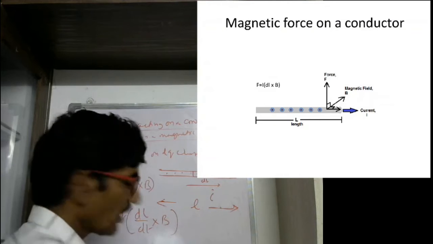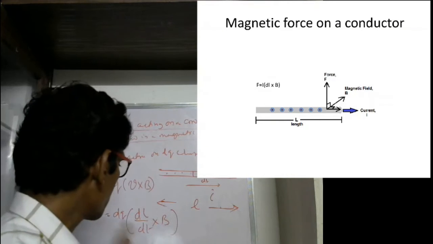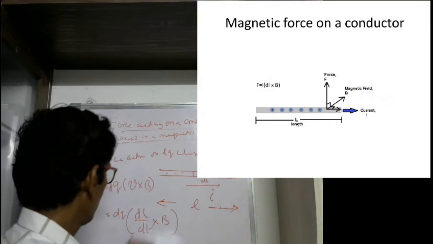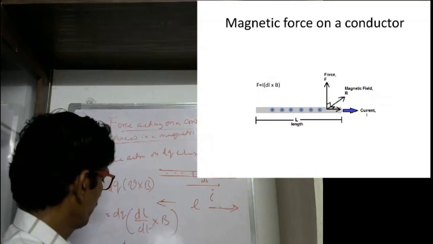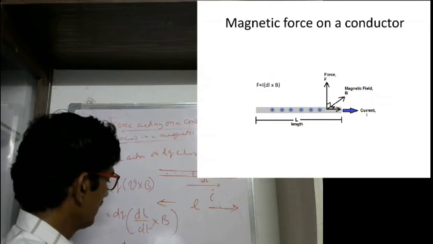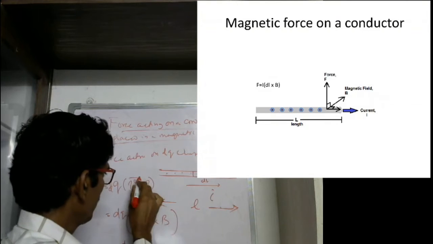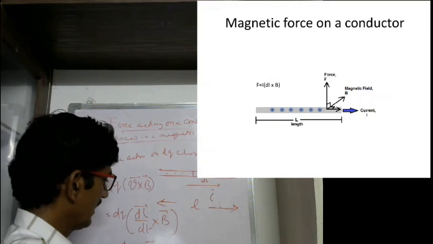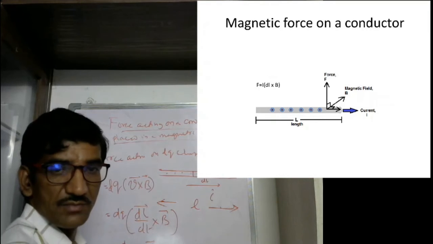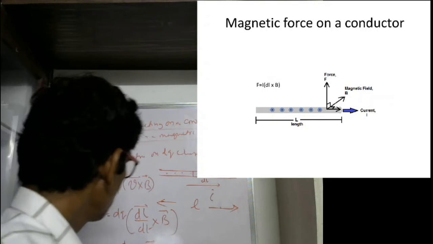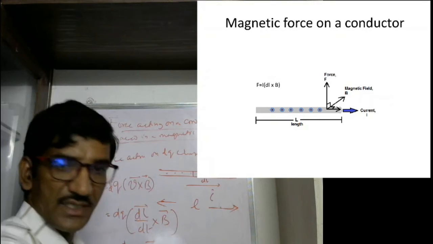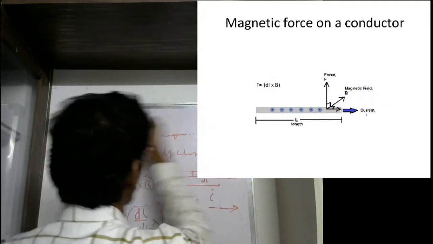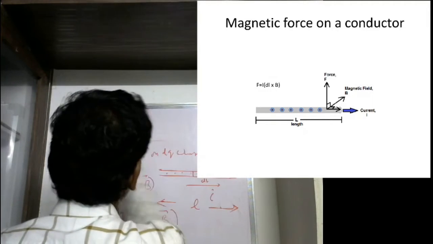Now I will just interchange these two things. Then what happens? dq by dt, dl cross B, this is dF. But what is this dq by dt? It is the definition of current.